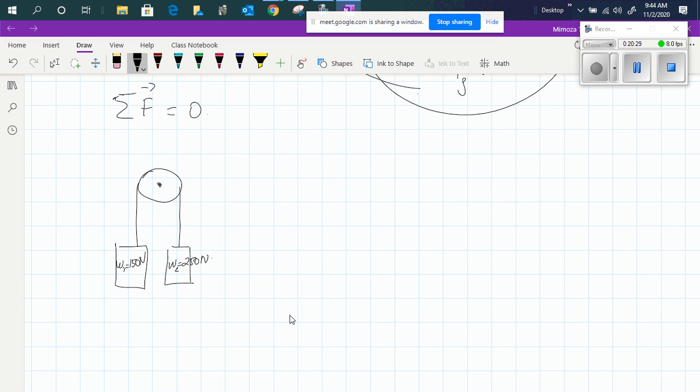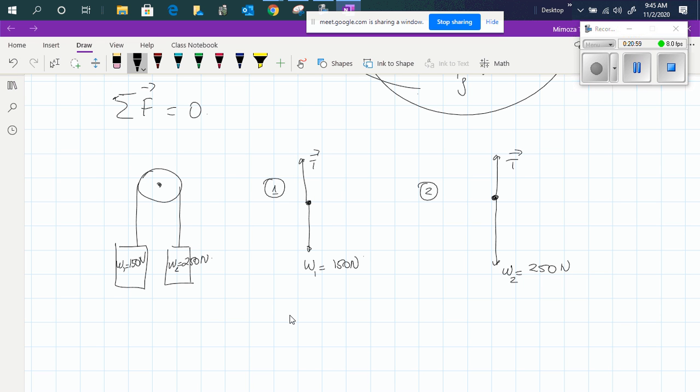Then when we are drawing the free body diagram for each of those objects, we'll go for object 1. We will have weight 1 as 150 newtons, and here we will have tension. And for object 2, we will have weight 2 is 250 newtons, and tension is this one here.